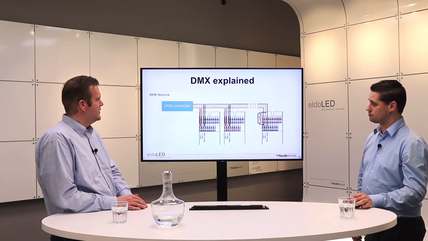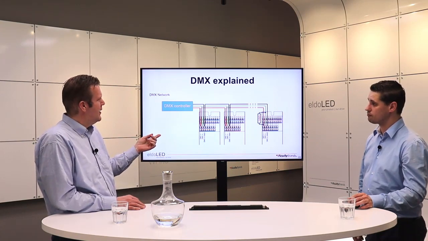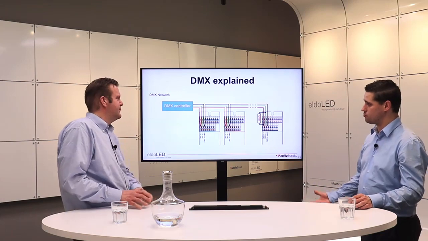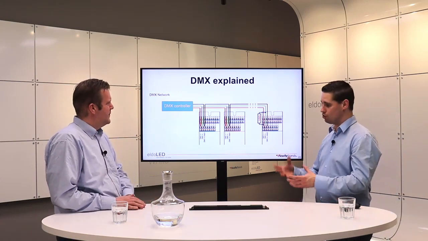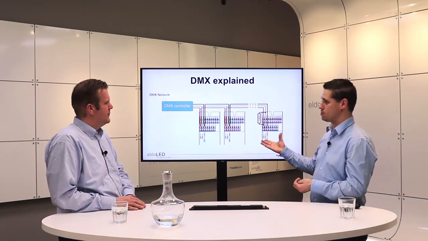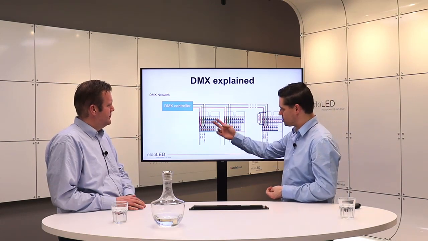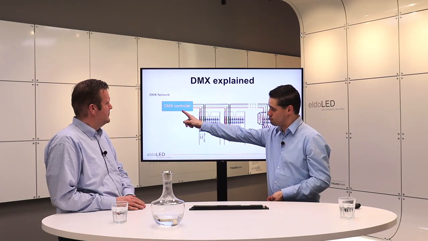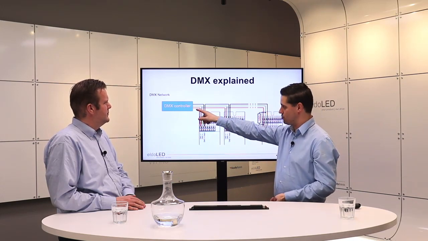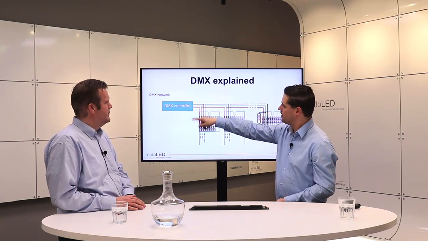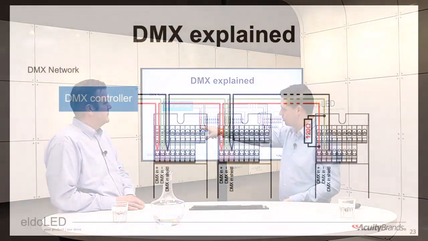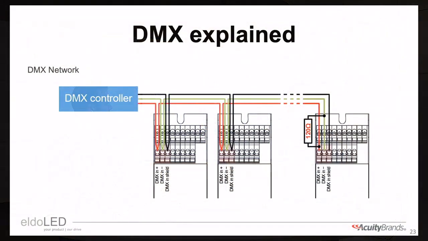Okay, so this is how it looks when you magnify it. Indeed, we're eldoLED, we are a driver manufacturer, so a luminaire doesn't look like the picture we showed before, but this is a typical way of wiring a DMX driver. That cable comes from your control system, so you have the positive, the negative, and the shield. It's entering the first driver. On that first driver, you're connecting the cable that enters the second driver.